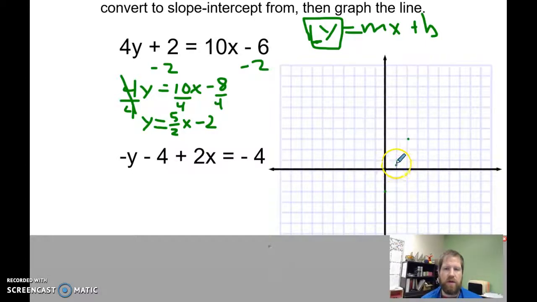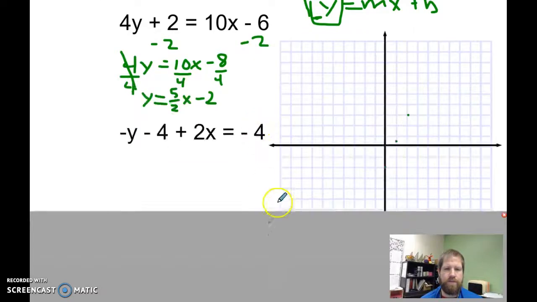But when you start trying to graph partial slopes, something that's not whole numbers, it's easy to get your line off. And if I tried to graph with 2 points, one of which wasn't exact, my whole line would be off. So leave it as an improper fraction.